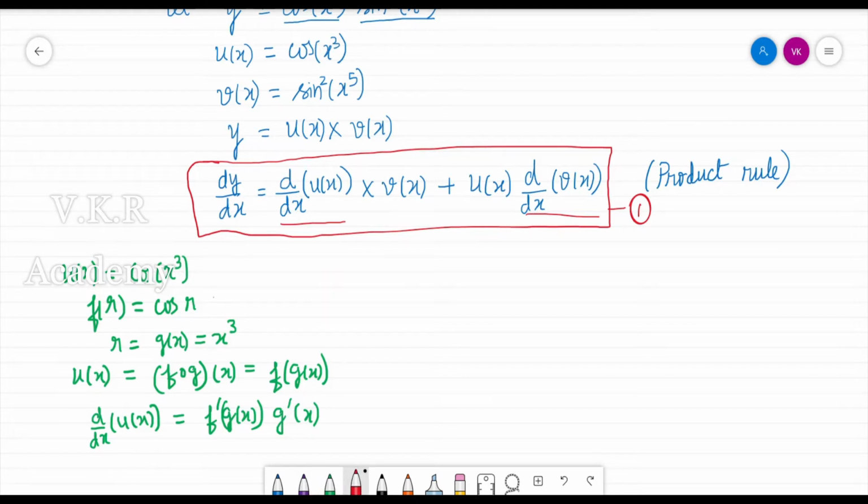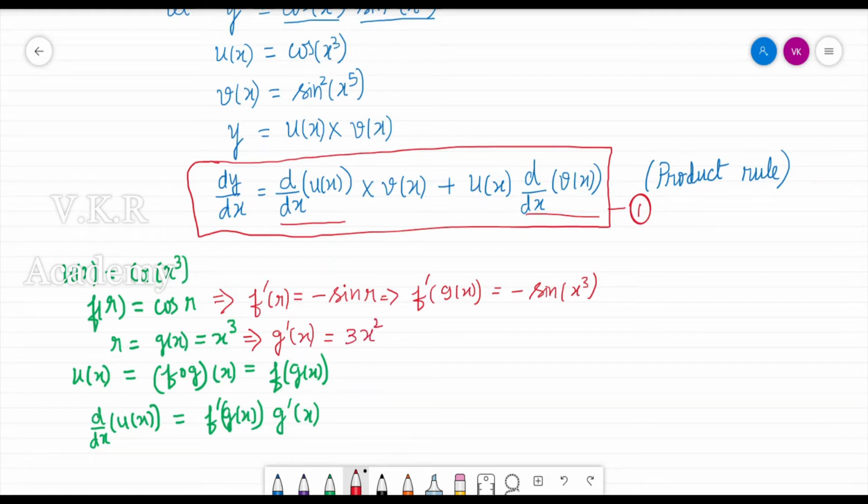So from this we get f dash of r is equal to minus sine r, that is f dash of g of x is equal to minus sine of x cube, and g dash of x is equal to 3x squared.